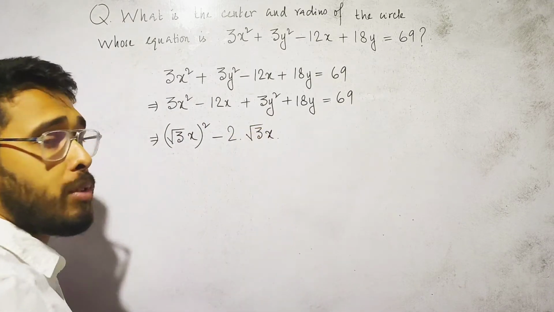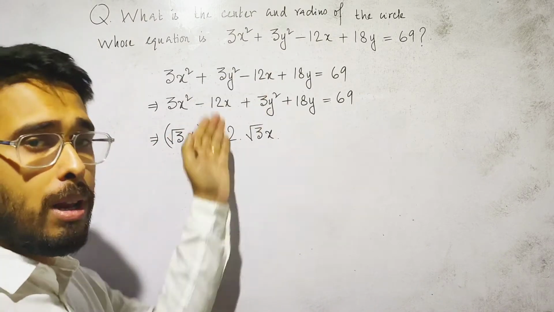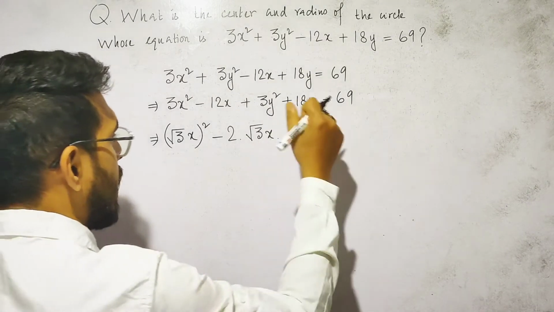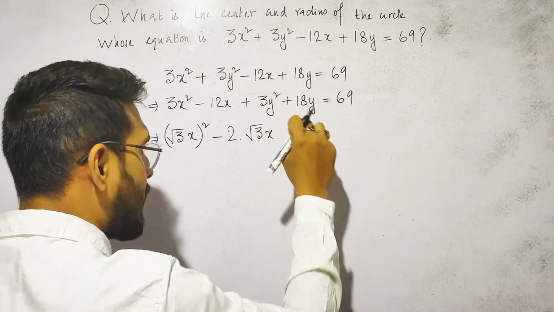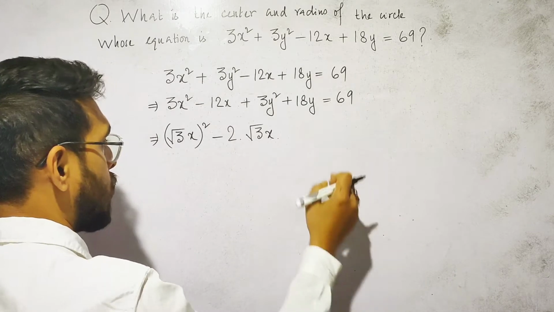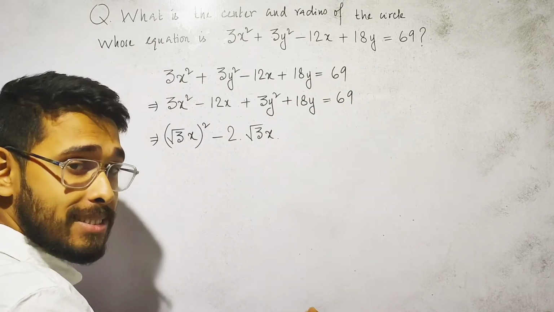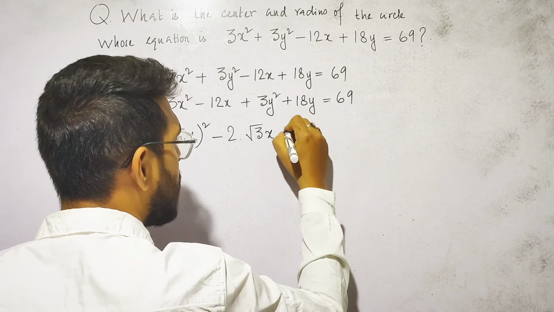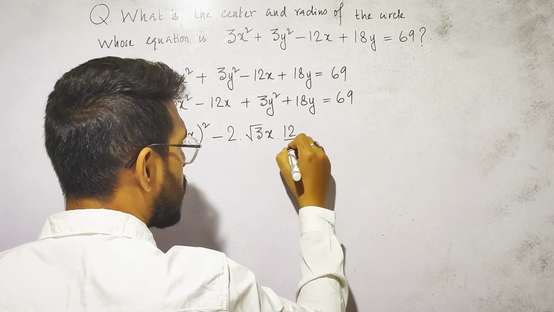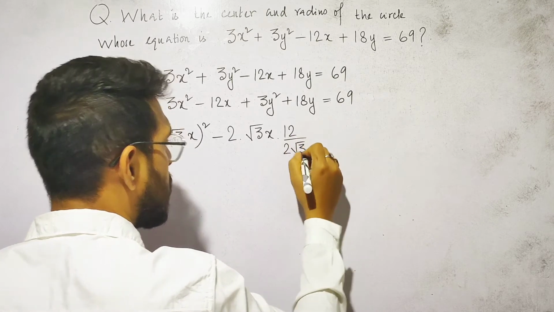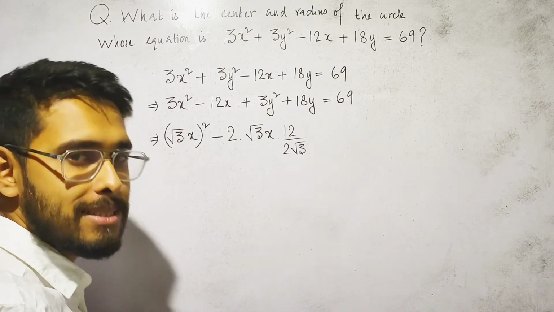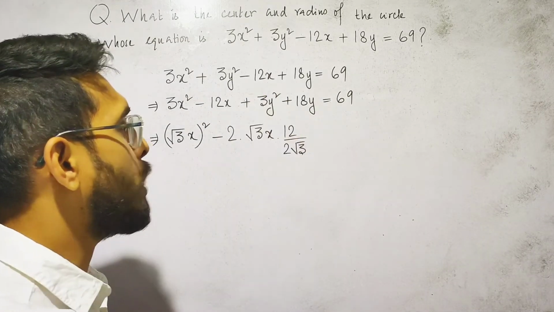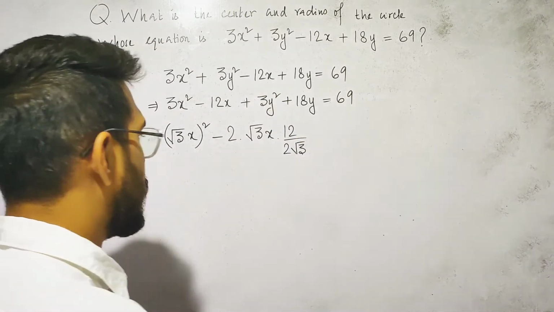We have to think of b in such a manner that overall the result is 12. So it should be 12 divided by 2 root 3, so that the 2 root 3 and 2 root 3 get cancelled, and we still get 12x. So my b here will be 12 by 2 root 3.